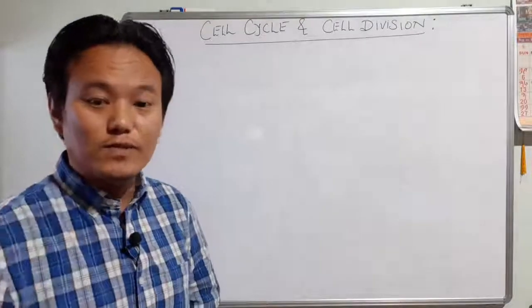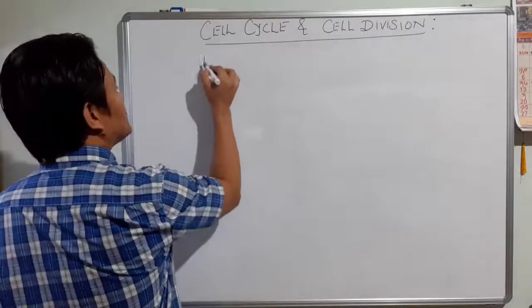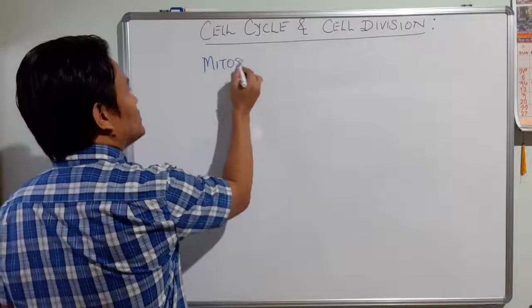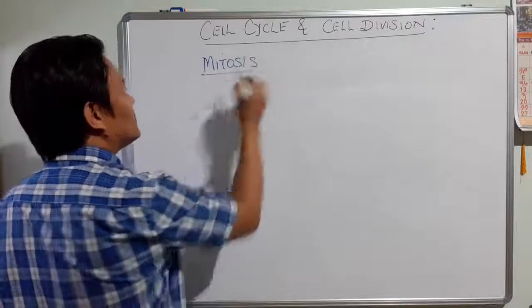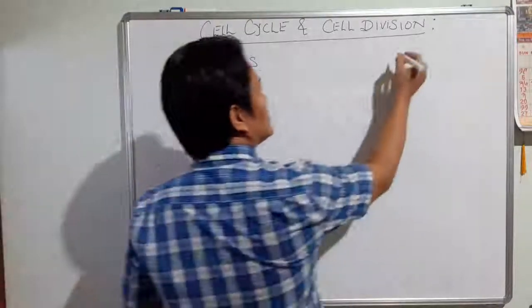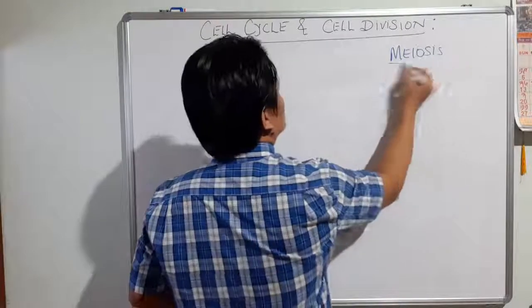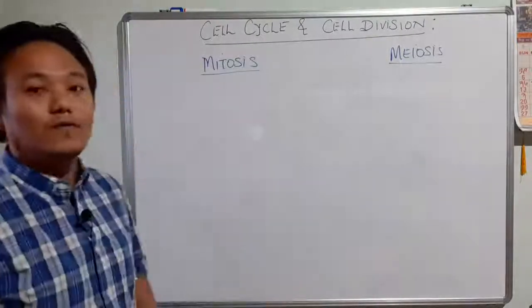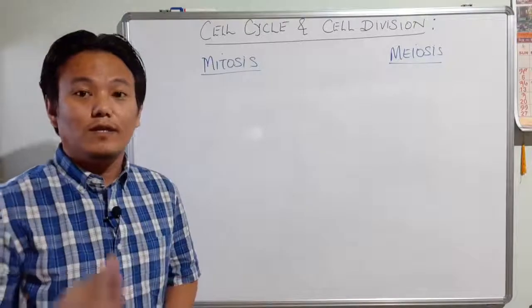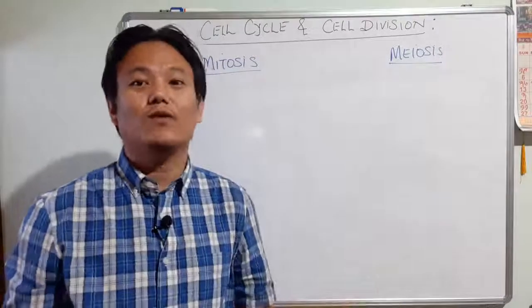As I told you, we have got mitosis, which we have studied already, and the next one is meiosis. So these are the two different types of cell divisions, right? In this video we will try to see the general differences.